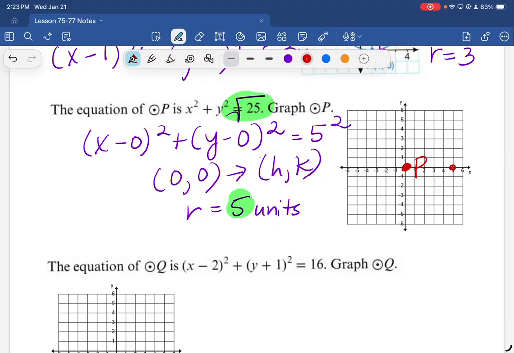So 5, 5, 5, 5, and in the best of our ability, we're going to try to draw a circle. And there we have it. We graphed circle P.